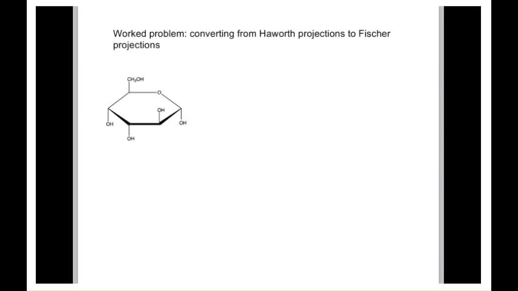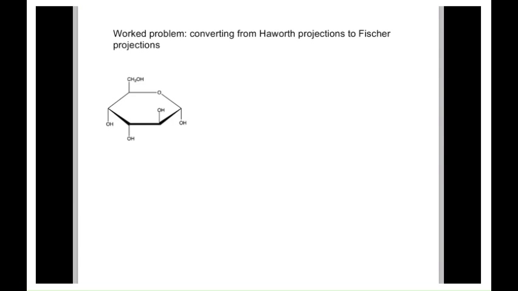So these next couple questions are going to look at going from a Haworth projection back to a Fischer projection. Generally, we don't do this too often, but this will hopefully give you a little bit of help in looking at the structure, or sometimes going in reverse can help you understand the relationship between the Haworth and the Fischer projection.